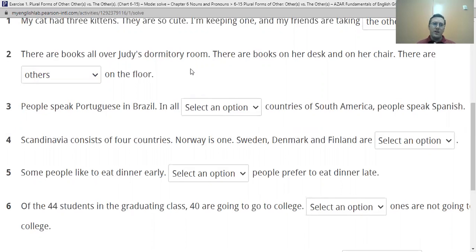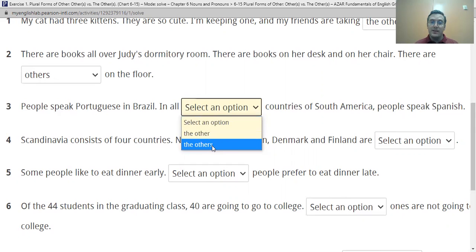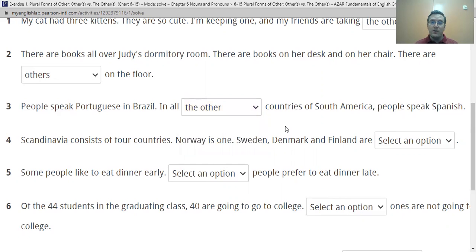Others. Number 3, some people speak Portuguese in Brazil. In all the other countries of South America, people speak Spanish. Again, we have the noun countries. That is already a plural, so we're not going to pluralize that adjective. One plural only, the other countries.